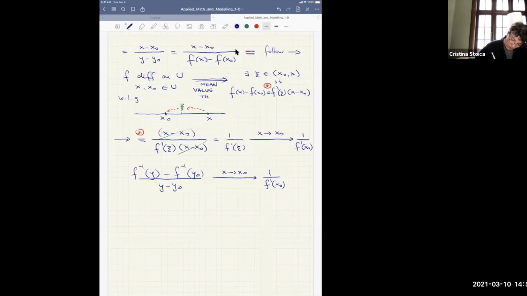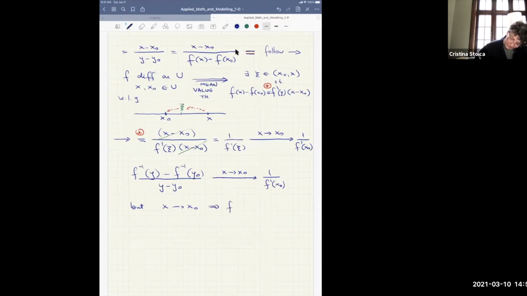But x going to x naught is equivalent to y going to y naught through f minus 1.